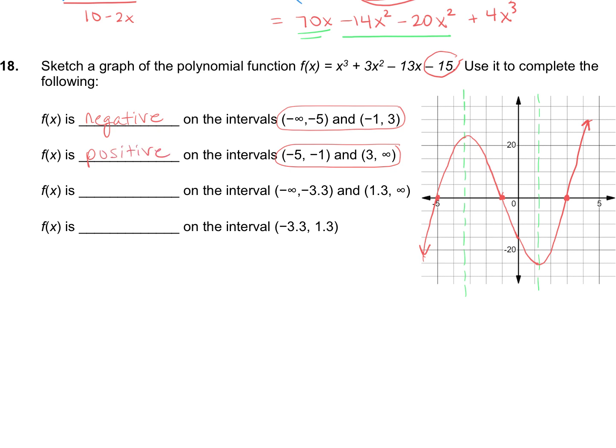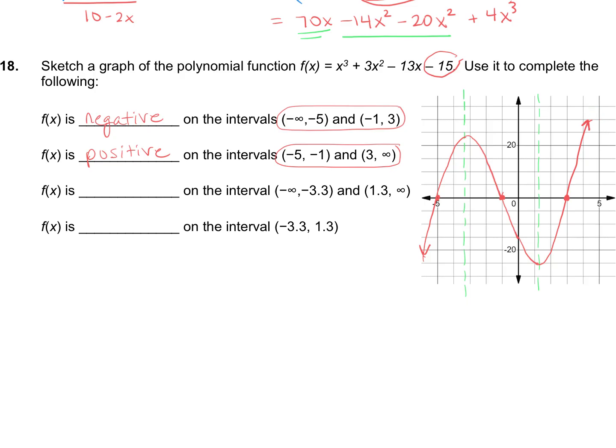All right, so the last two, what's happening from negative infinity to negative 3.3? These numbers, the negative 3.3, that's that line we drew in. Those are our turning points. So your turning points tell us where our graph changes between increasing and decreasing. So here we're increasing to the negative 3.3, then we're decreasing all the way to the positive 1.3, and then we're increasing again.